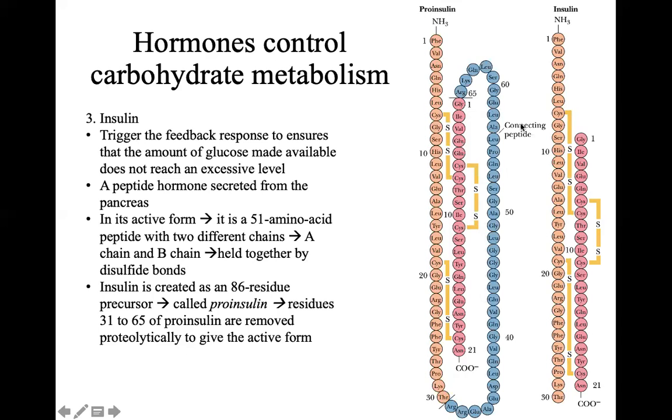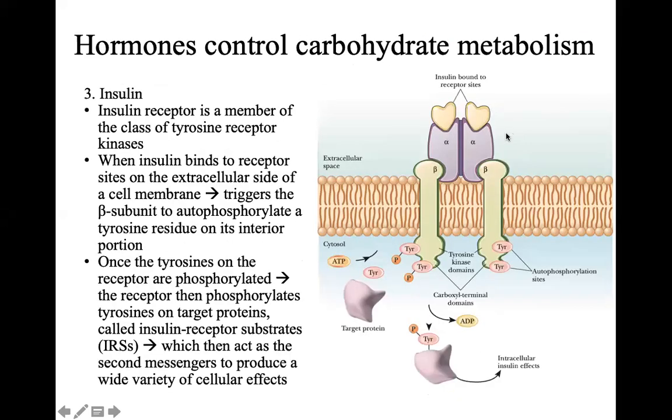The connecting peptide in between, in blue, is eliminated during the pro-insulin stage. Pro-insulin is the intermediate or earlier structure before it is converted into the mature insulin that can be used for uptake of glucose.